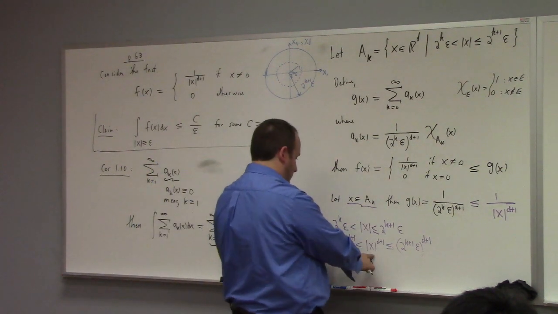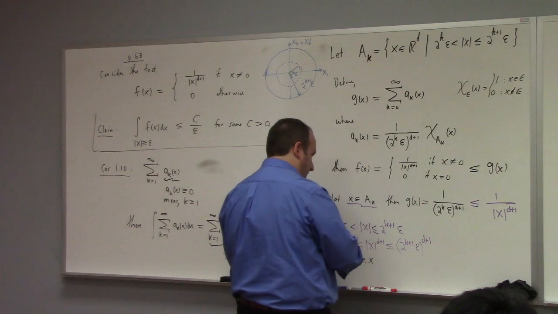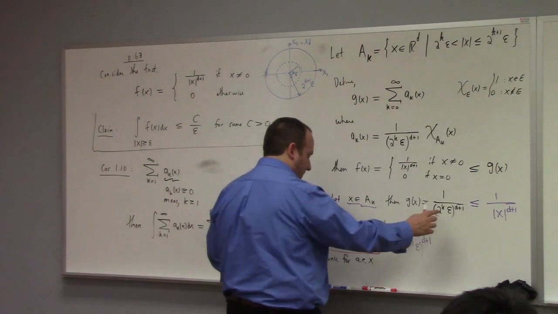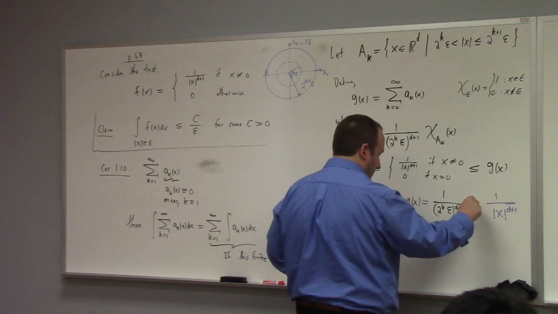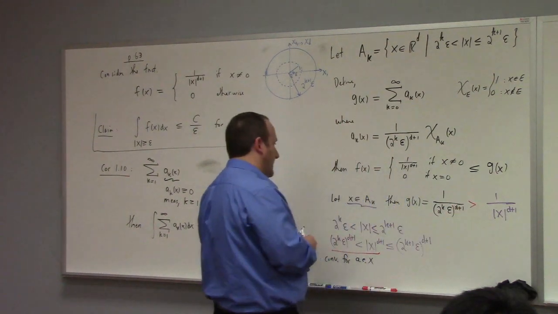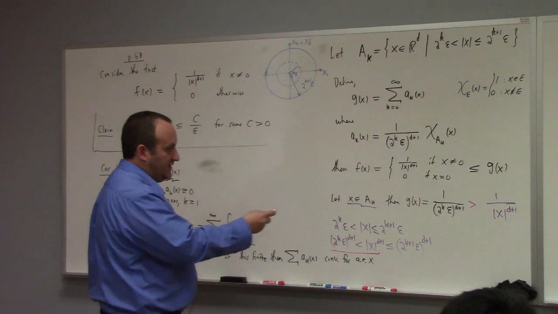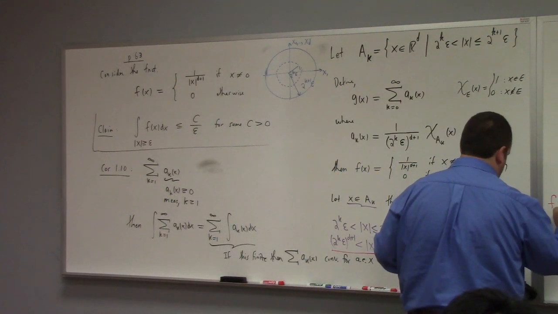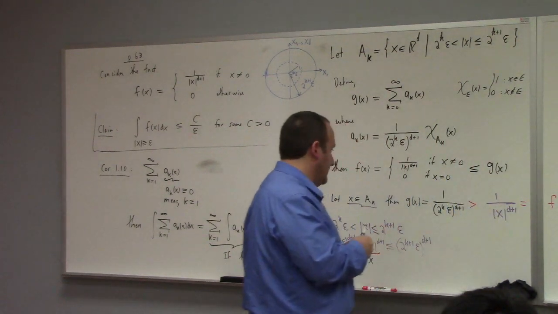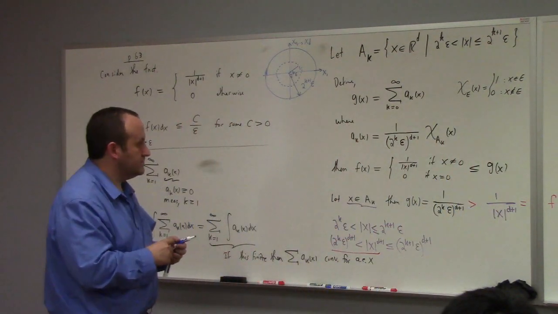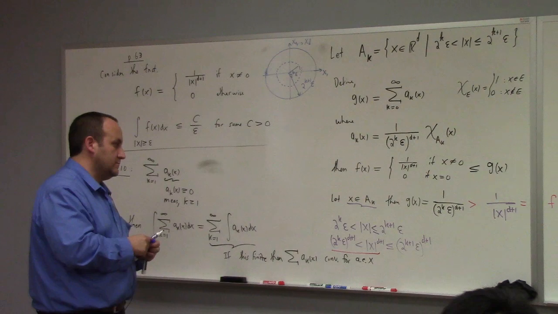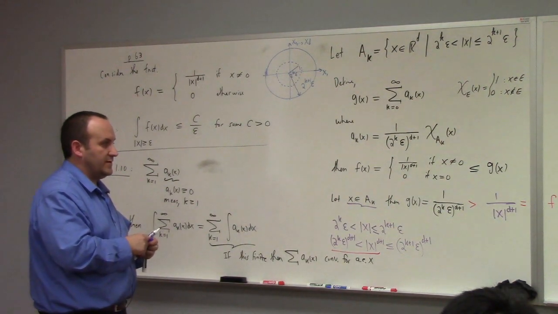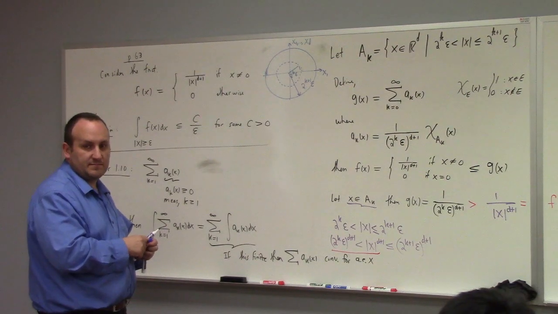So I'm using this one, right? I'm using this one, and so because of that, that should flip this to, and that's equal to f of x, right? Which, by the way, is what we want. We want to show that f of x is smaller than or equal to g of x.